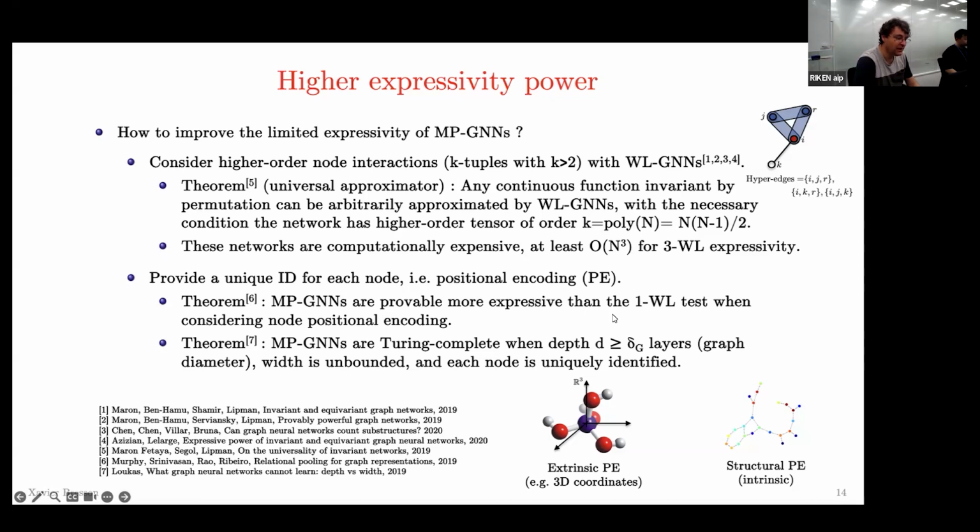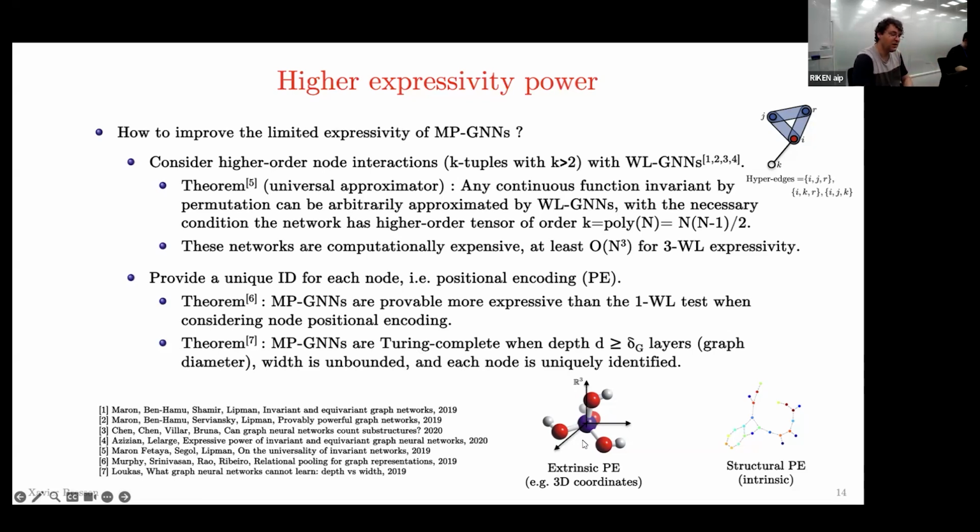For example, people say that if you take any node positional encoding, for example just the indexing of the nodes on your computer, you already beat the 1-WL test. And a more general case is that if you have a unique way to define the identity of your node, then you can show that they are Turing complete. So this is pointing in the direction that it is interesting to have positional encoding.